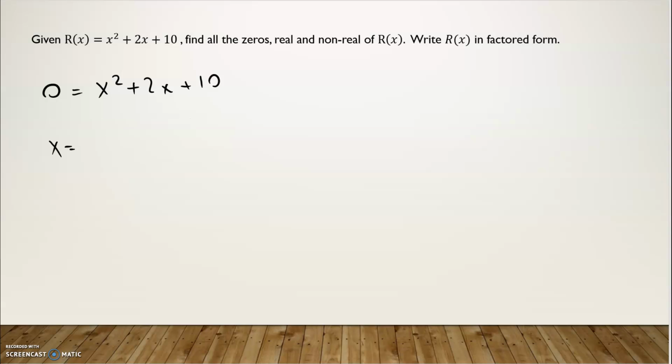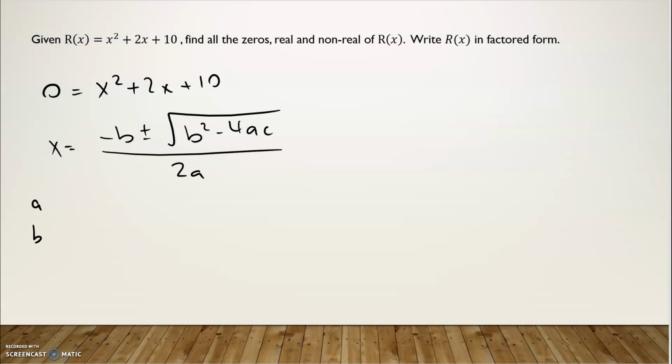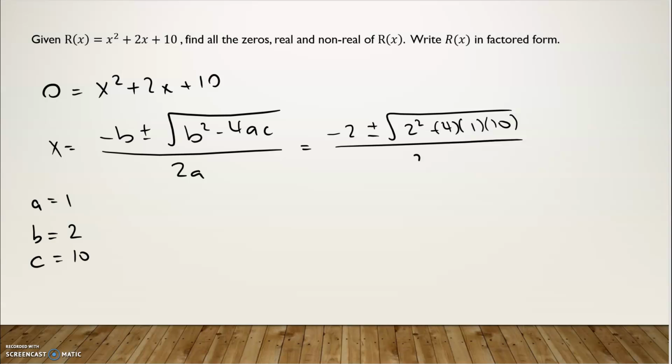So x is equal to negative b plus or minus the square root of b squared minus 4ac, divided by 2a, where our a, b, and c from our polynomial is 1, 2, and 10. So this will be negative 2 plus or minus the square root of 2 squared minus 4 times 1 times 10, divided by 2 times 1.